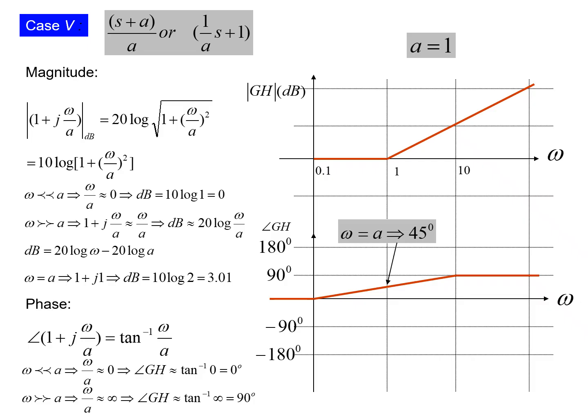Okay, case 5, where G(s) equals (s plus a) per a, or 1 per a s plus 1.